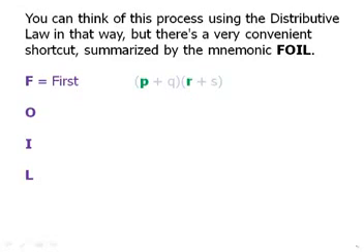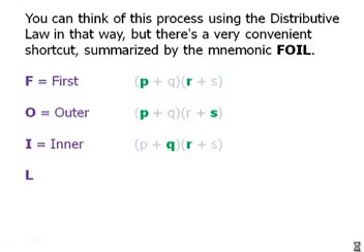Then we look at the outer pair, that is to say the very first in the first parenthesis and the very last in the last parenthesis. Those are the outer ones. Then those of course are the inner ones. The last in the first parenthesis and the first in the last parenthesis, q and r. And then finally, we look at the two last terms, the last in the first parenthesis and the last in the last.